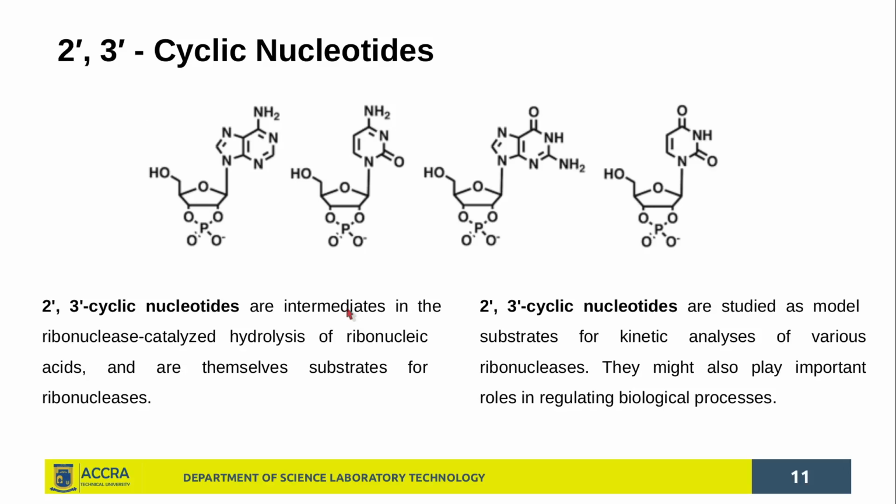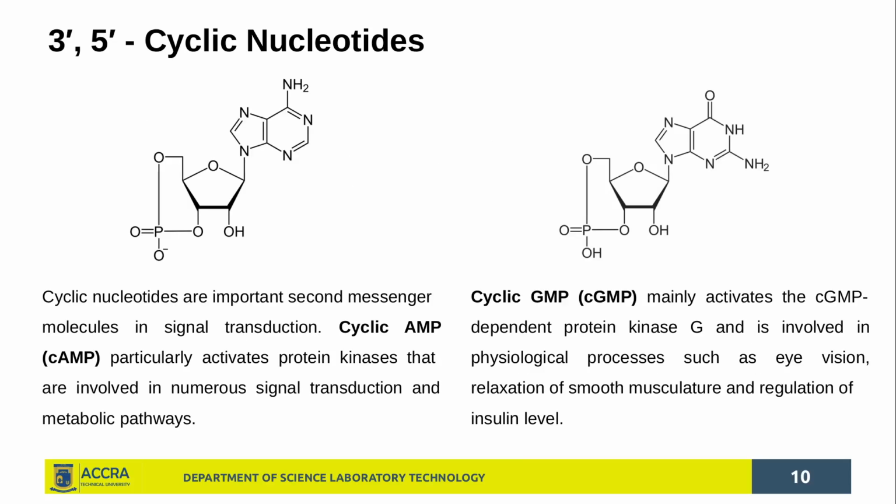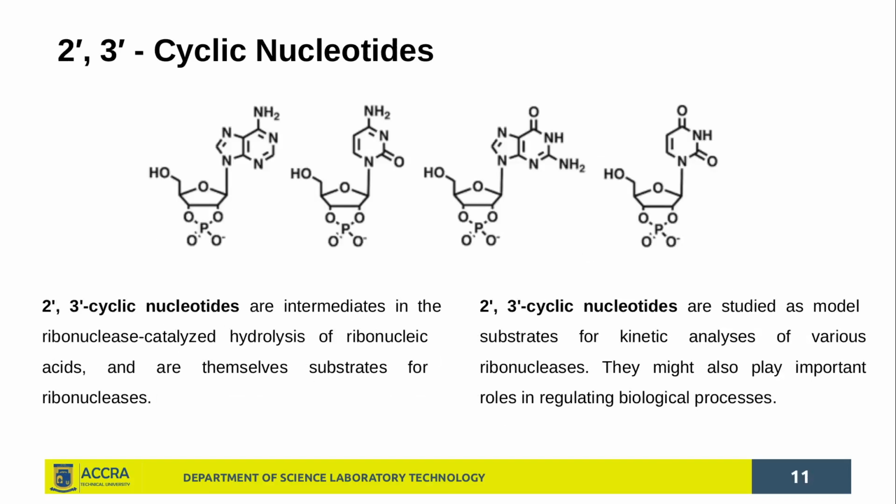Now, if you find something like a 2',3' cyclic nucleotide, obviously these are not present in nucleic acids. Just as we saw with the 3',5' nucleotides, we said these are not present in nucleic acids, but they act as second messengers for the protein kinases, enzymes responsible for the transfer of phosphate groups from one molecule to the other.